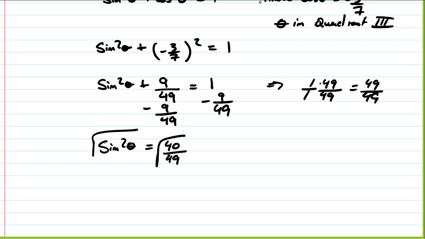We take our square root, and we get sine theta is equal to plus or minus the square root of 40 over the square root of 49, which is 7. And as we saw above, the square root of 40 simplifies into 2 square roots of 10 over 7.